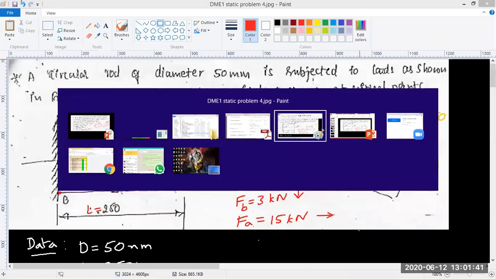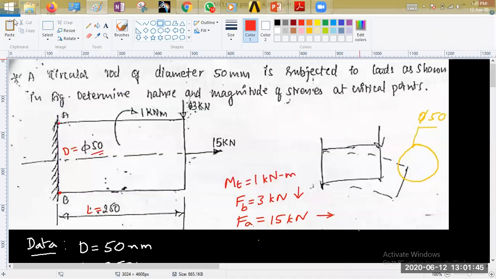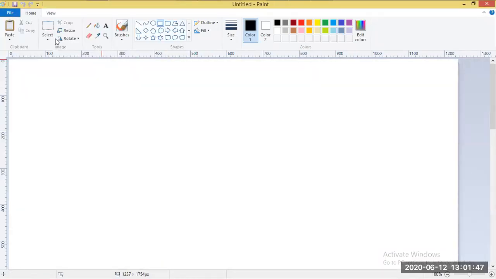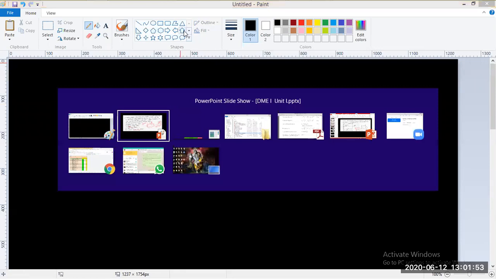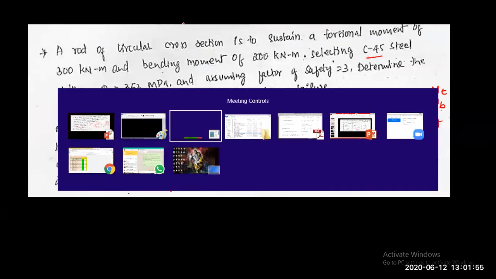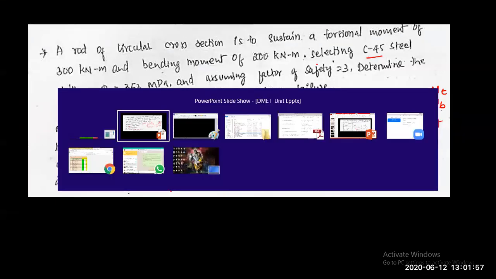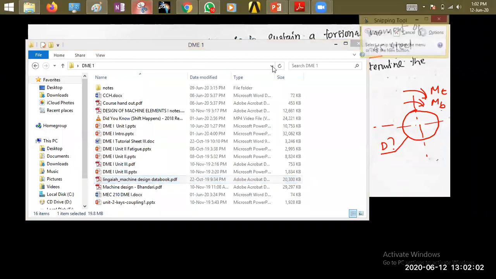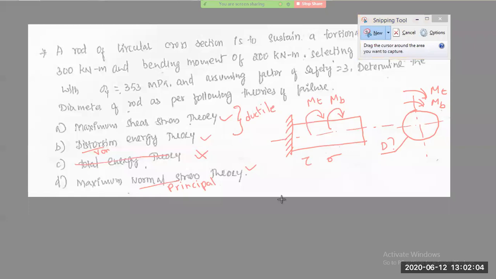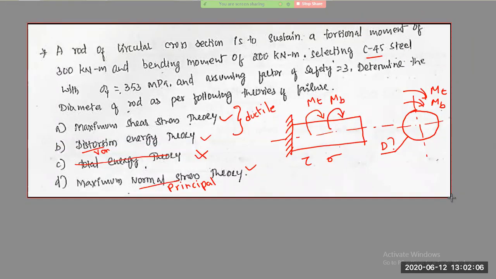Let me copy the question along with the diagram.